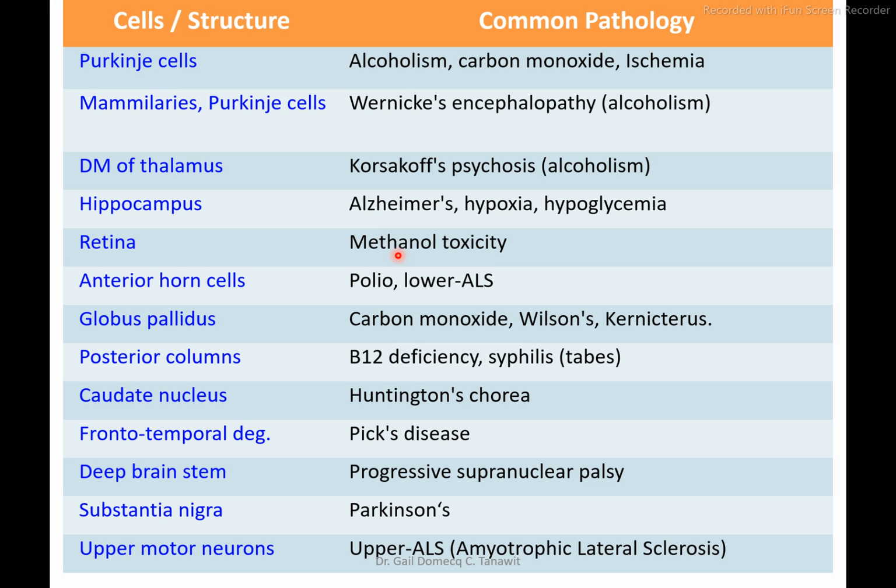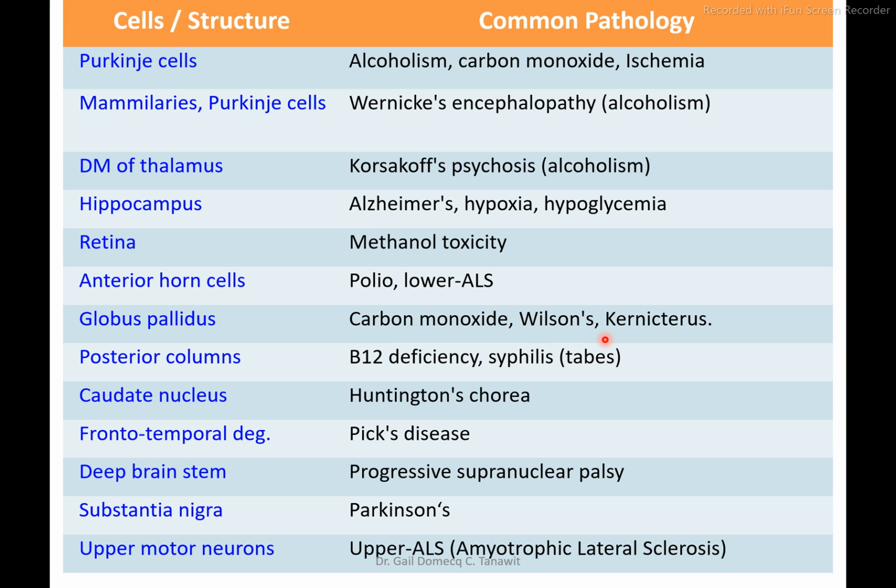Anterior horn cells are the favorite site for polio and lower ALS also. Globus pallidus is a site of lesion in carbon monoxide poisoning, Wilson's, and kernicterus as well. Posterior column: B12, syphilis, tabes dorsalis. Caudate nucleus: Huntington's chorea.